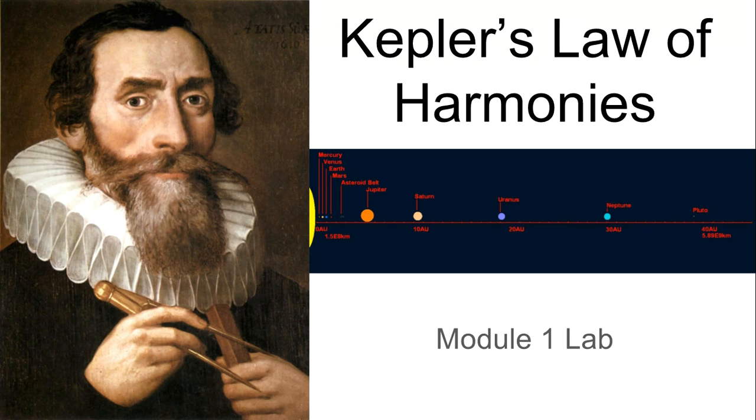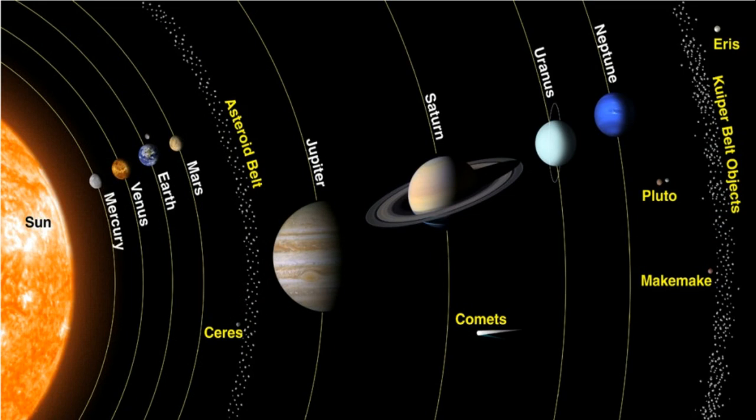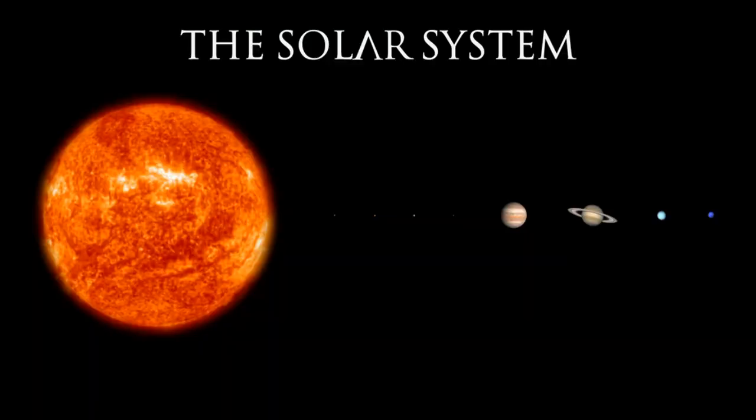Typically, when we look at the solar system, we look at it primarily as an image like this, where the bodies themselves might be roughly to scale in terms of their size, but their distance is not related really to scale. Here's another example where the bodies of the solar systems are depicted pretty much to scale, but the distances are not.